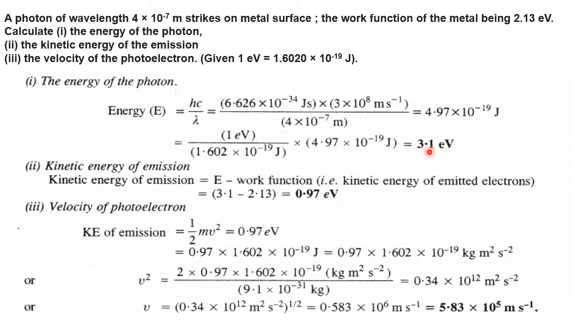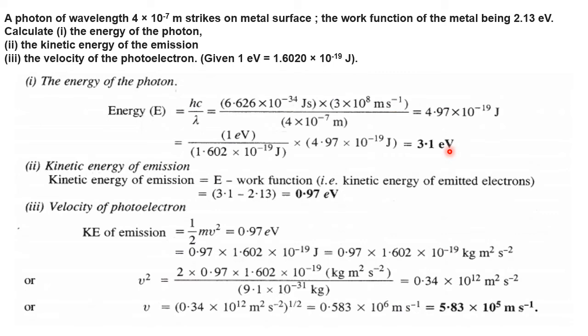That gives you 3.1 electron volts. So energy equal to 4.97 into 10 to the power minus 19 joules, or in terms of electron volts, 3.1 electron volts. Now we'll calculate the kinetic energy of the emitted radiation. For this, we have to use the knowledge of photoelectric effect I told.